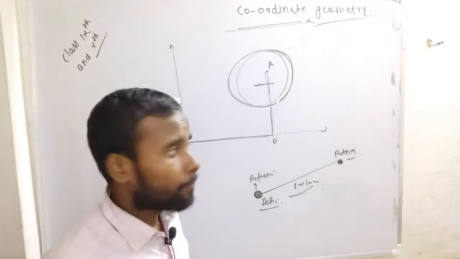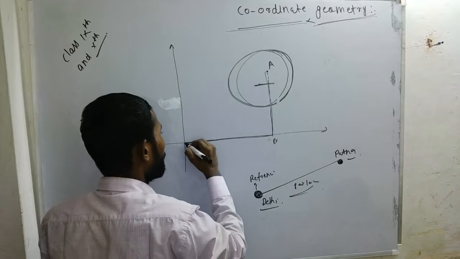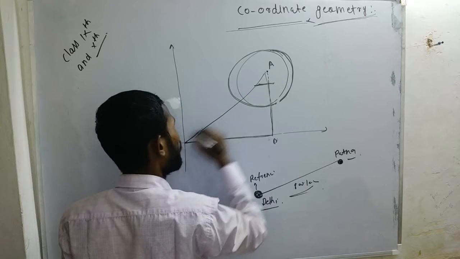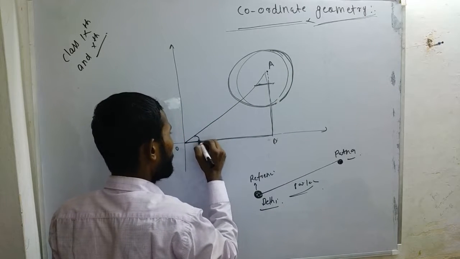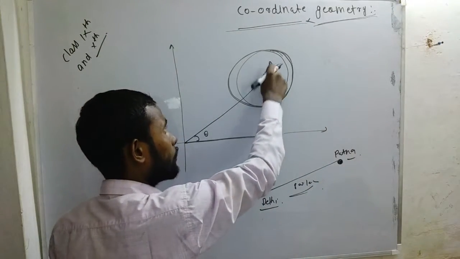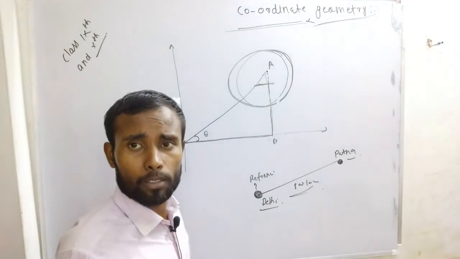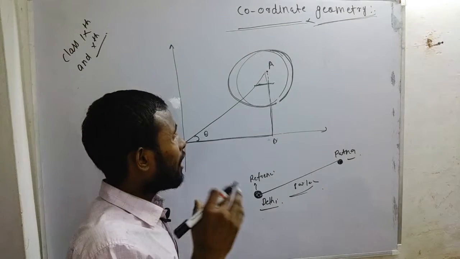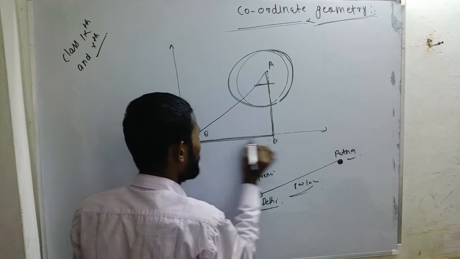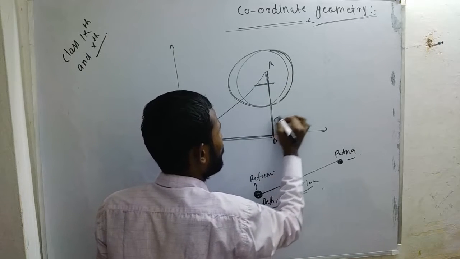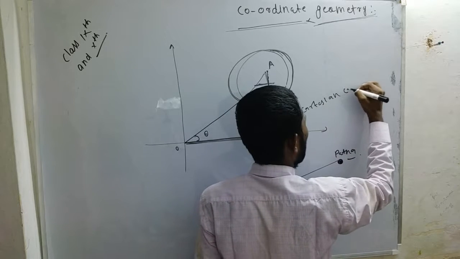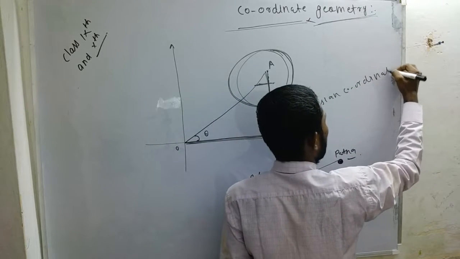There is also another method. If we know the distance from O to A and the angle between them, we can also determine the point. Now in this system, if we measure this length and this length, then it is Cartesian coordinate geometry.